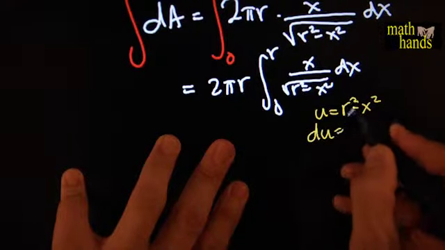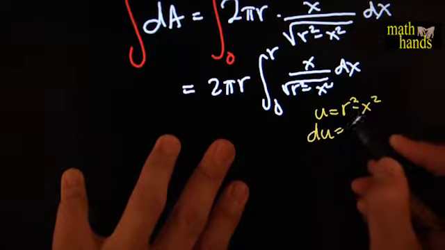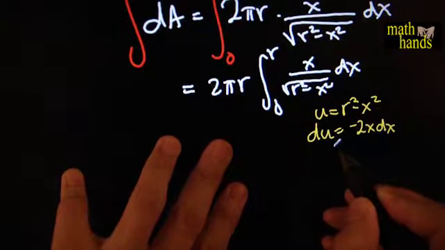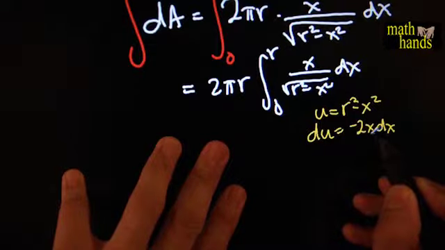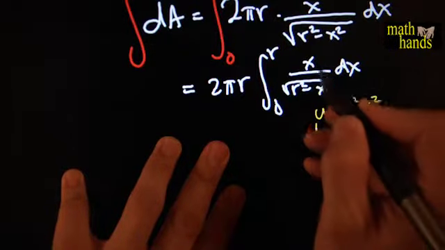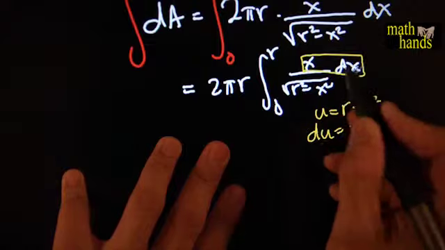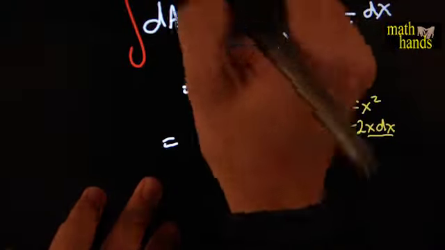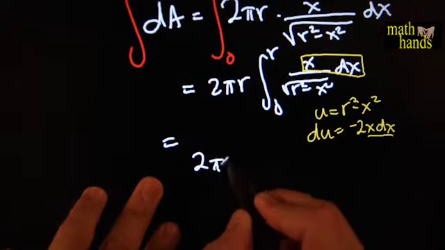So du, remember r is a constant, so it goes negative 2x dx, and so the x dx part, that's what I'm going to substitute, and I'll substitute a half of du on there. And talk is cheap, so I'm going to do it.